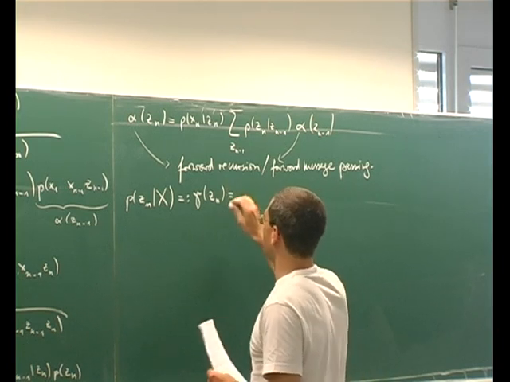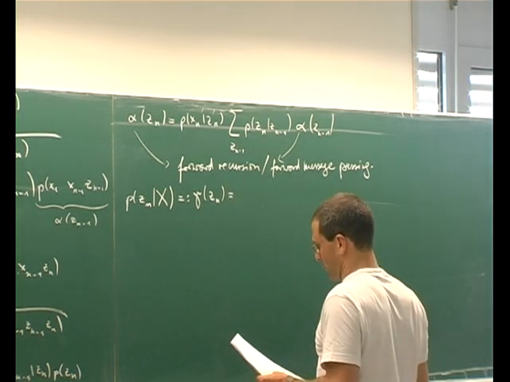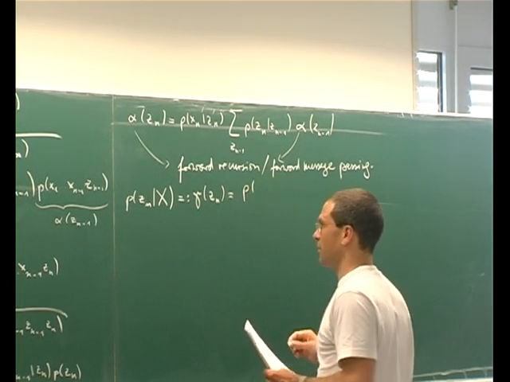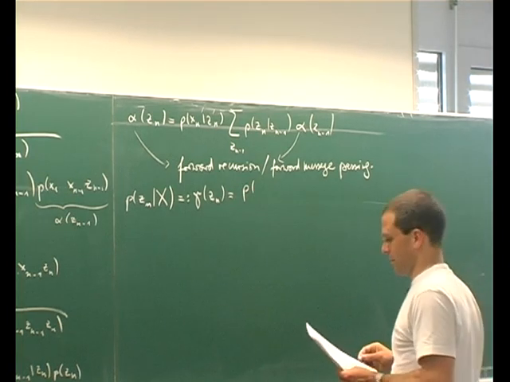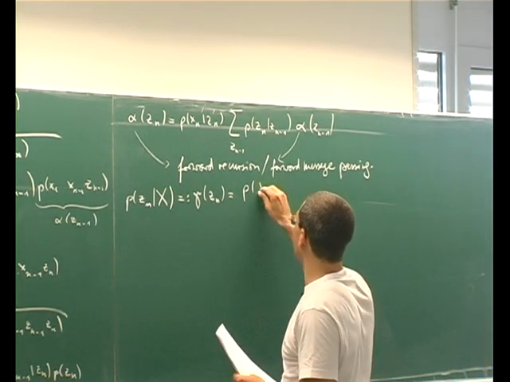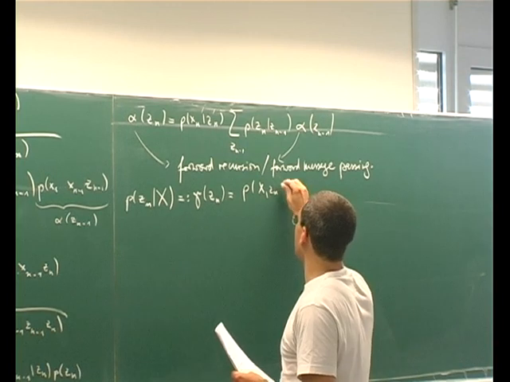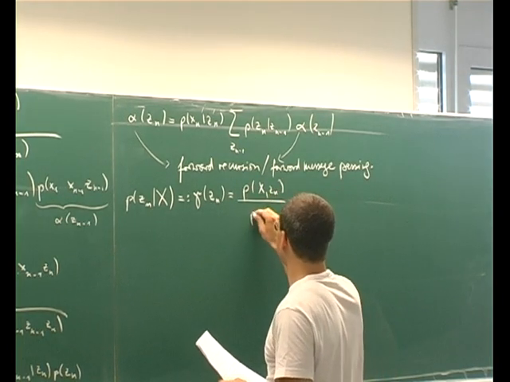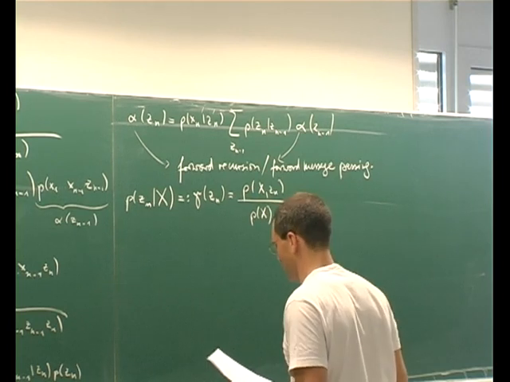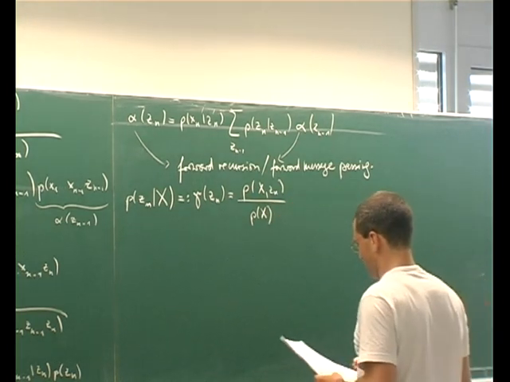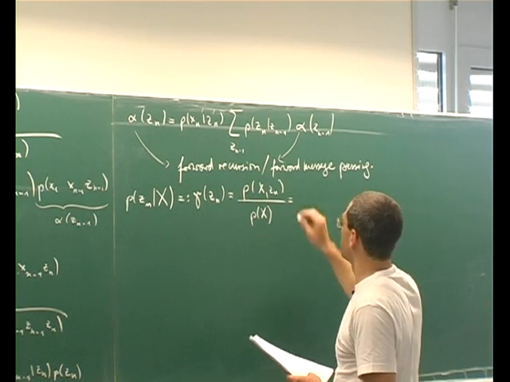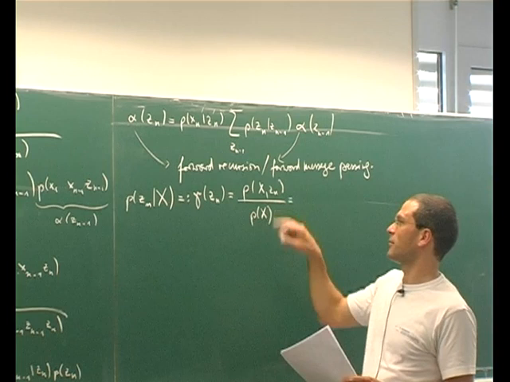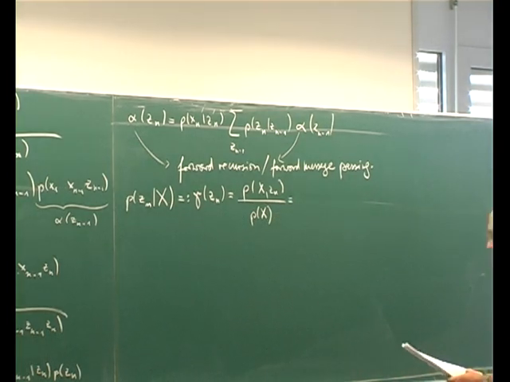Just by the rules of probability, this is the same as the joint of x and Zn divided by the probability of x. So you see, if you multiply by x, then I think you will agree that this is true.